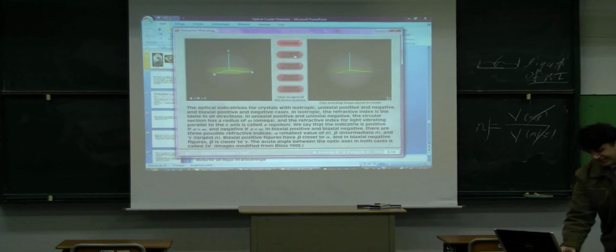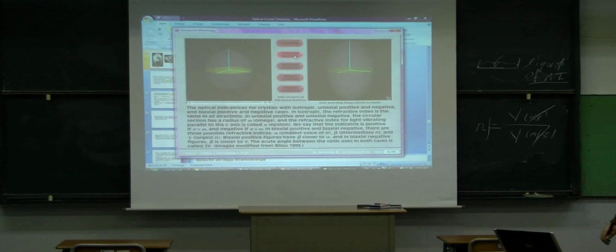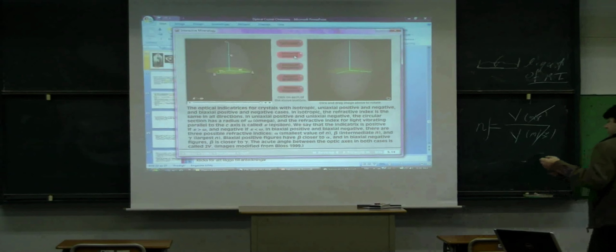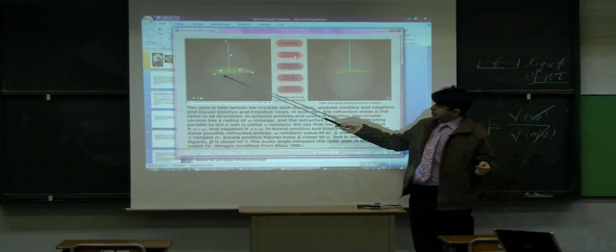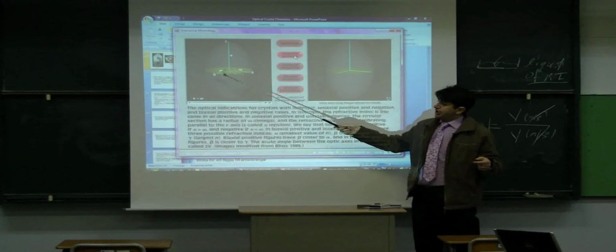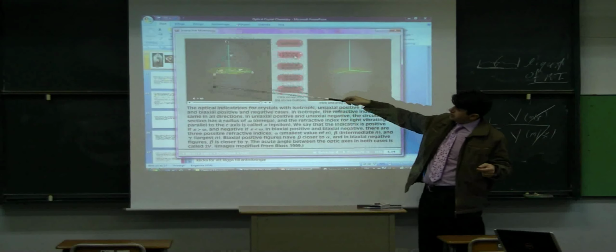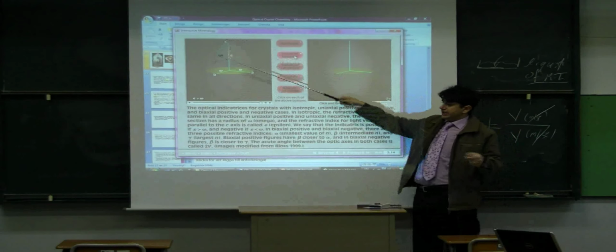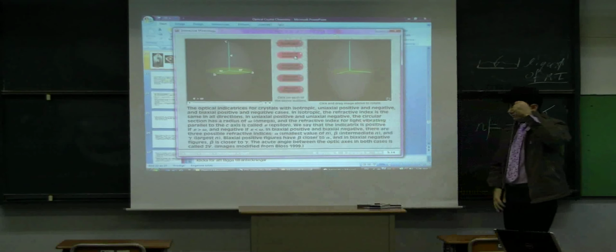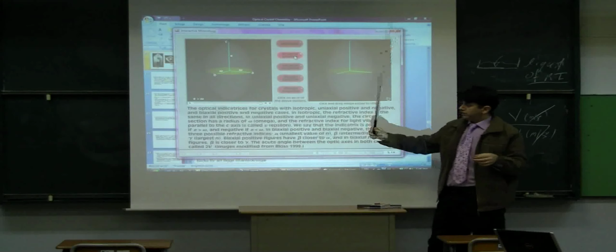We have uniaxial. Uniaxial positive means two directions are equal, one direction is different. This is similar to a flying saucer.